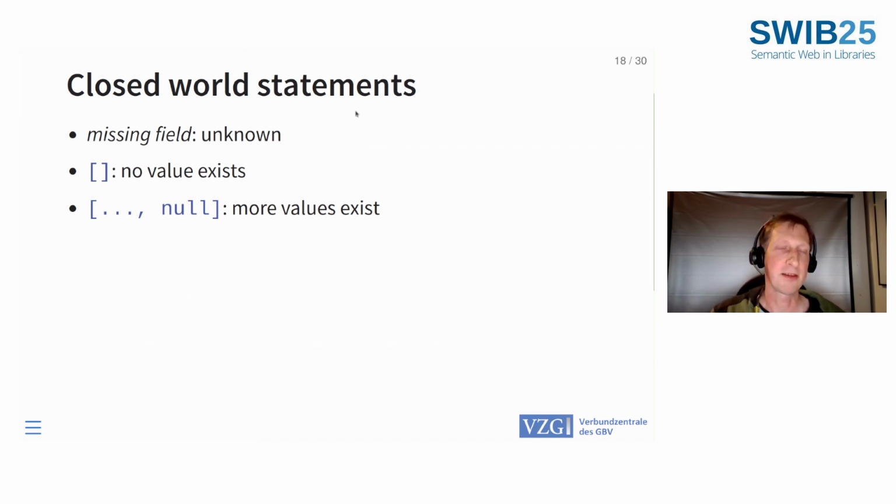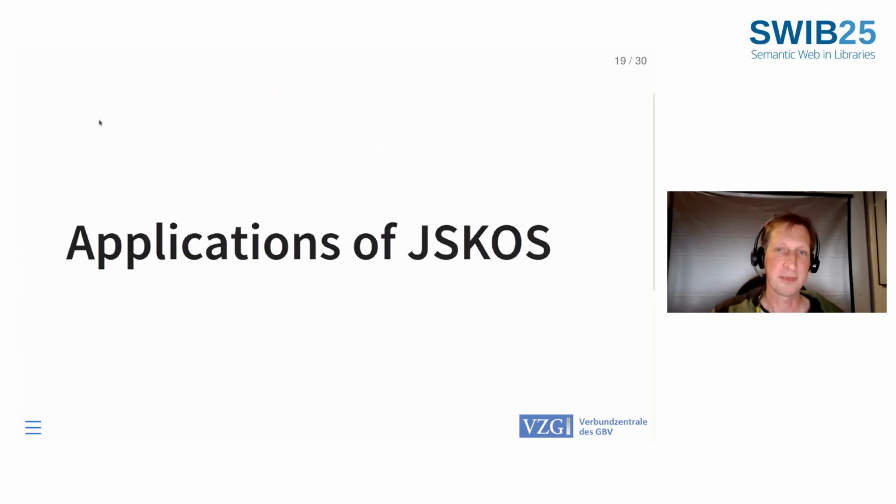Semantically, we have open and closed world assumption in RDF, and JSKOS in some way can combine both if needed. Okay, so these are the major features of JSKOS, and I can only advise to have a look at the applications and the standards, because it's a lot of features and often you don't need all of them.